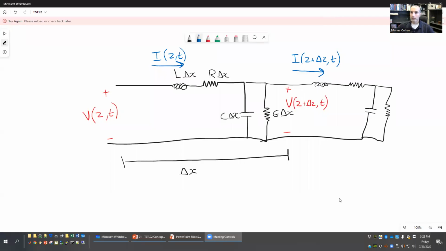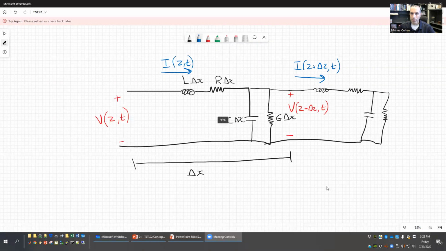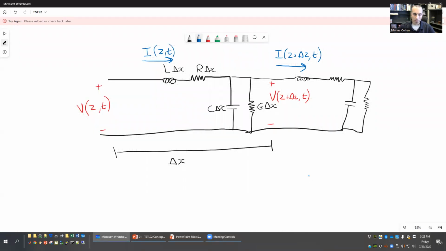So let's try to write down these relationships, just given our understanding of circuit model. So first, we want to figure out how V of Z plus delta Z relates to V at Z. All right, so V of Z plus delta Z at time t, we can probably say something about the difference between them, right?